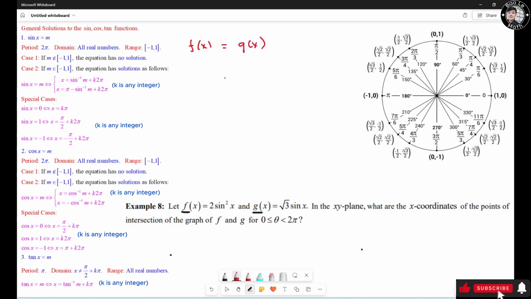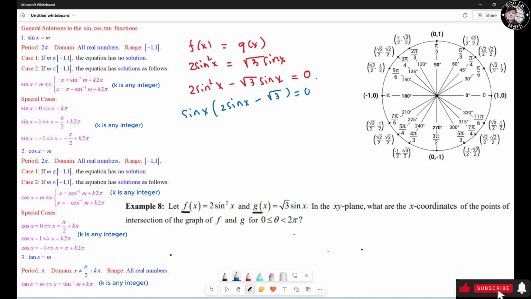So you just substitute 2 sine square of s for f of s, and square root of 3 sine s for g of s. Now again, don't divide both sides by sine s. You need to subtract root 3 sine s from both sides. So now you're going to factor sine s out. So we have sine s times 2 sine s minus root 3 equals 0.